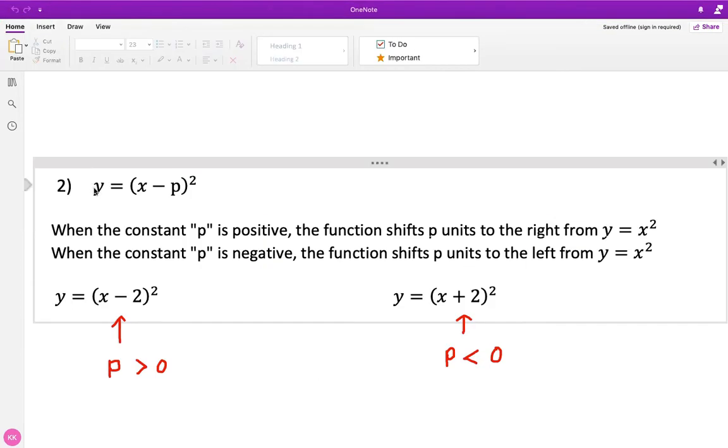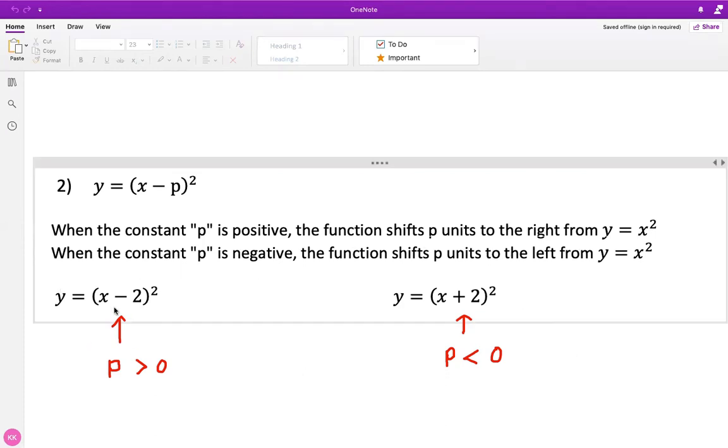Next I want to cover y equals x minus p, squared. Remember, the constant p is inside the bracket, not outside. When the constant p is positive, the function shifts p units to the right from y equals x squared. When the constant is negative, the function shifts p units to the left from y equals x squared. Pay attention to these examples.